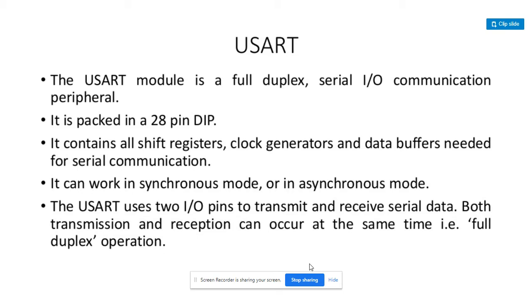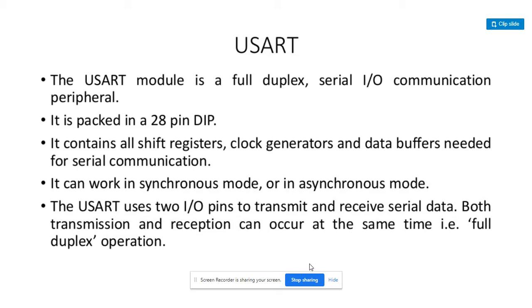For long distance transmission, that parallel data should be converted to serial form so that the number of wires can be minimized, and therefore the total cost of data transmission over a long distance will be reduced. For that purpose, we have to convert the parallel data into serial, and at the receiving end convert the serial data back into parallel.